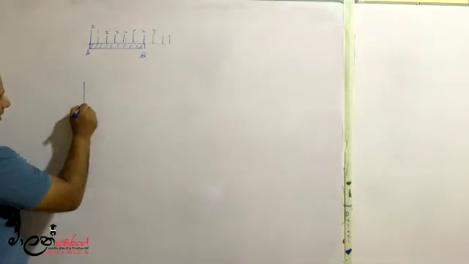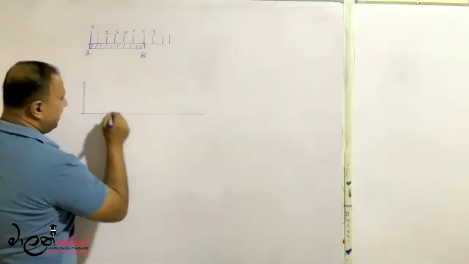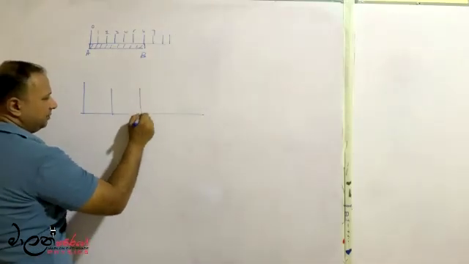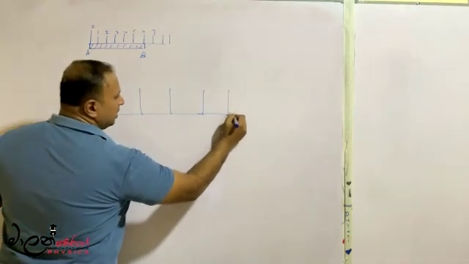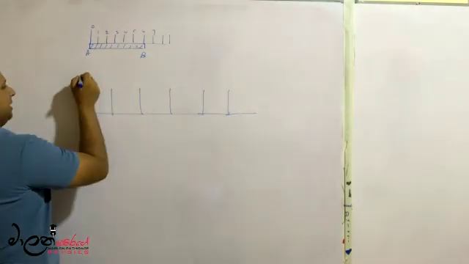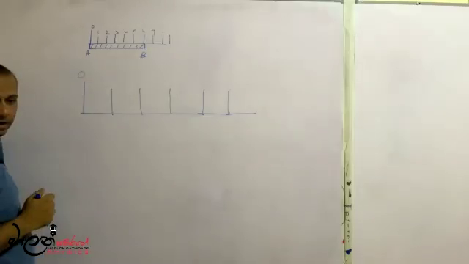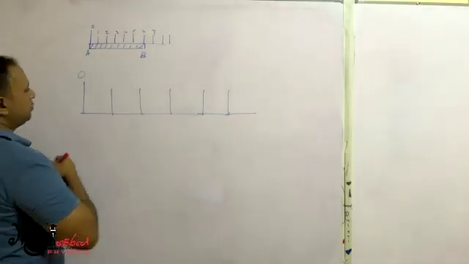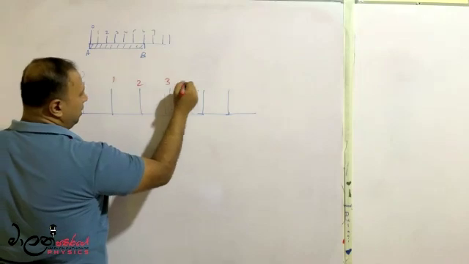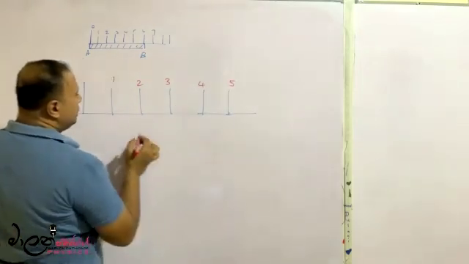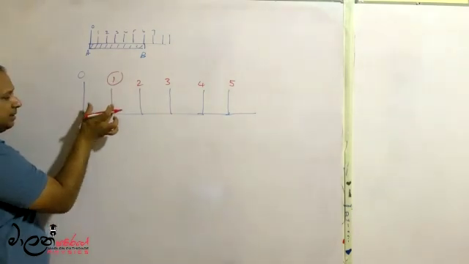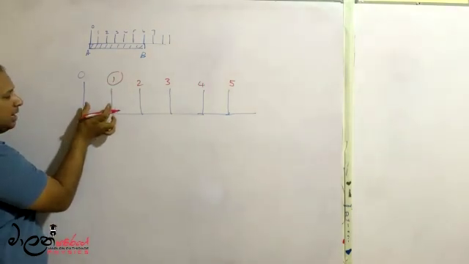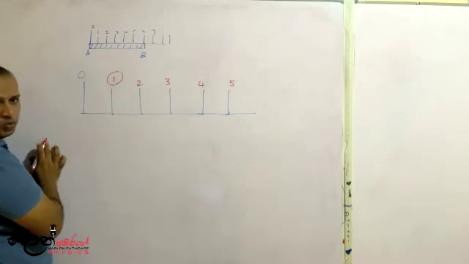Therefore, in a scale, here is the 0 reading. This one is 1, 2, 3, 4, 5. So this number represents the number of gaps up to this point.